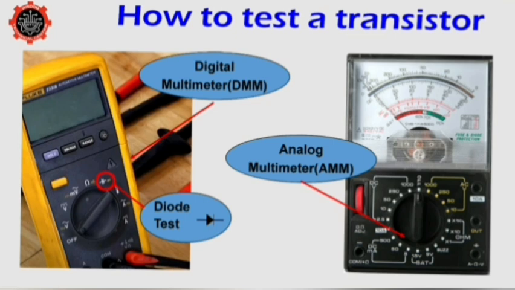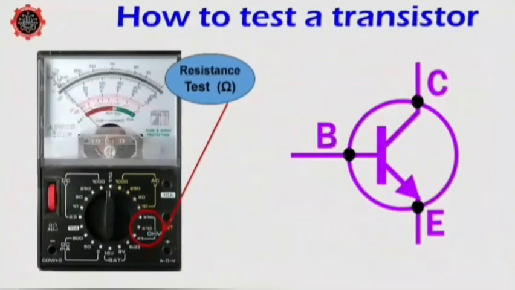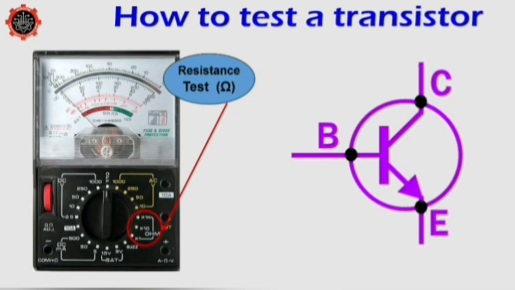In doing so, you have to set the digital multimeter for diode test, and basically what you are going to be looking for is high resistance one way and low resistance the other way. But if this resistance is too high, our digital multimeter may not be able to give the correct reading. So the best option is to use an analog multimeter.